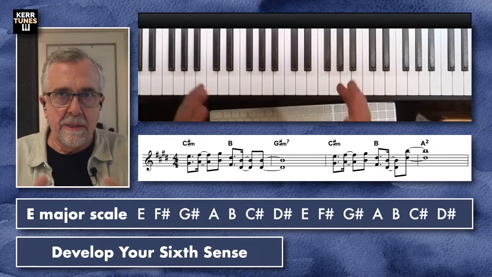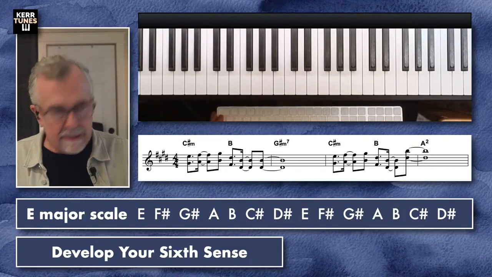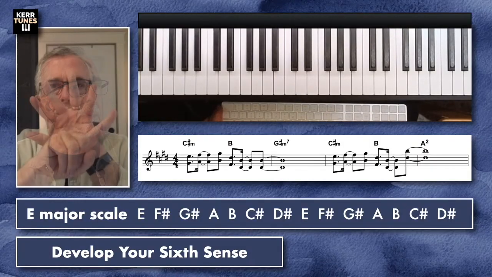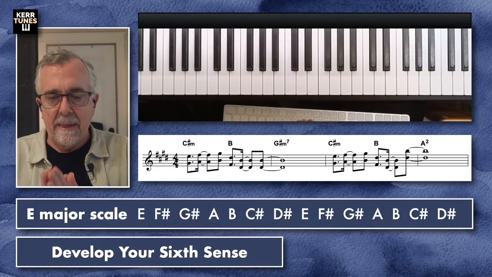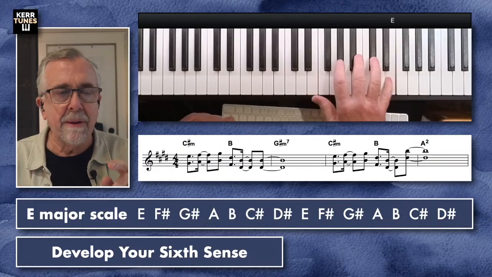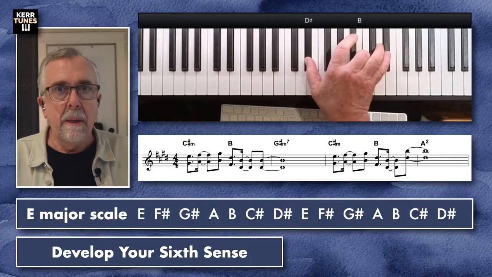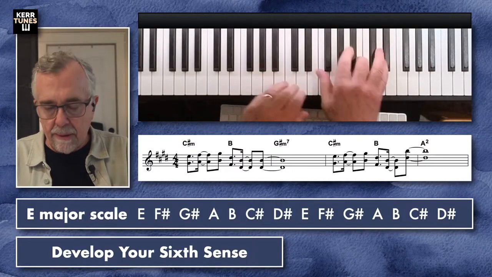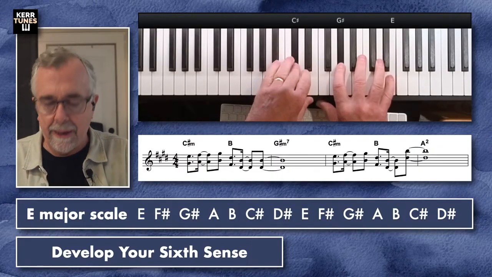Minimal playing is very important. Now I'm going to go a little further with this example. What I wanted to show you is sometimes when you're playing parallel 6ths like we're doing so far, the C sharp minor has the E and a G sharp in it already.